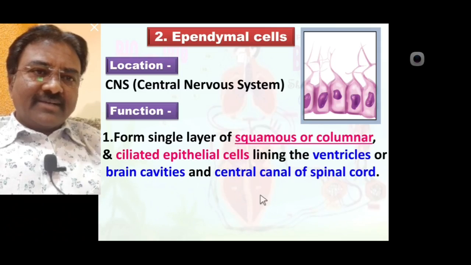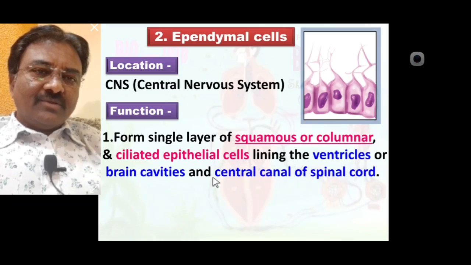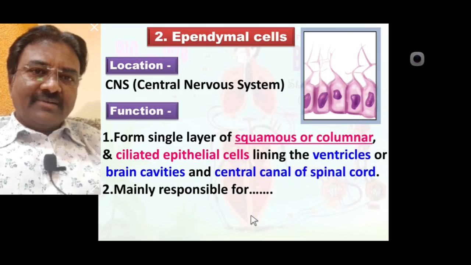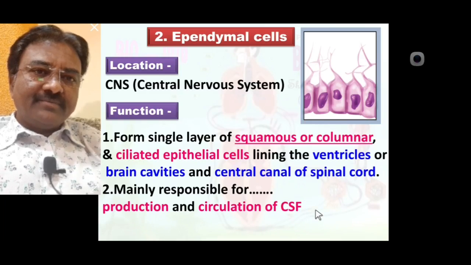Also the central canal, in the central canal is the spinal cord. So the central canal internal lining is also made by squamous columnar ciliated epithelial cells of ependymal cells.